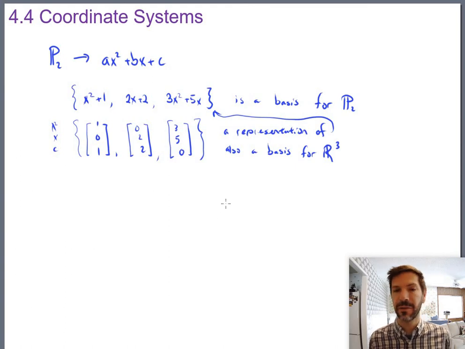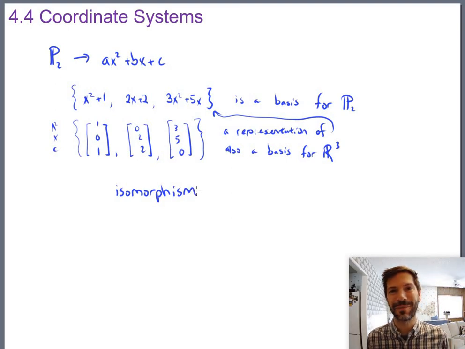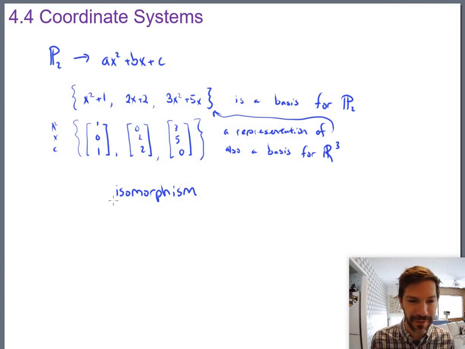Which leads me to introduce a new word to you. Isomorphism. There's a word that you can impress your friends and colleagues with. Your family will think you're so smart when you pull that one out at dinner tonight. So isomorphism, iso just means same. And morphism, morph means shape.